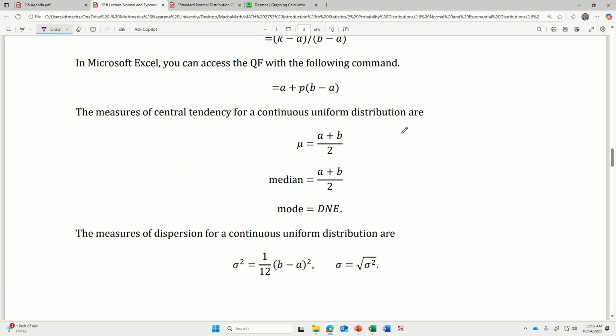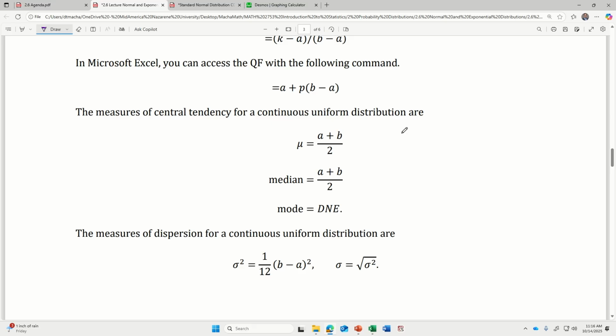Measures of central tendency. I hope these make sense. The mean and the median are going to be the same number because this is a symmetric distribution. If I'm distributing the probability evenly in a uniform manner over all of the possible outcomes, then it's going to be symmetric. And the center of this distribution is going to be halfway between the lower bound and the upper bound.